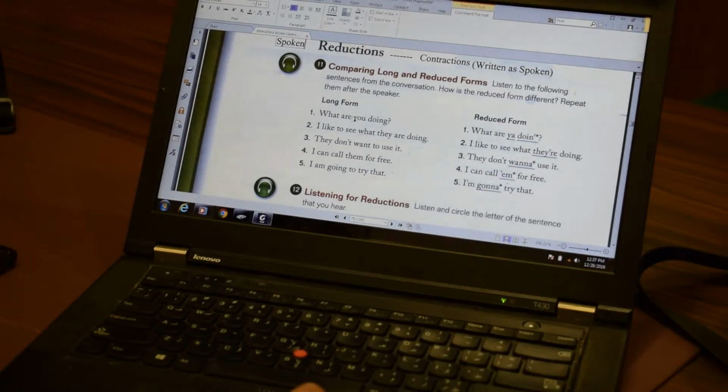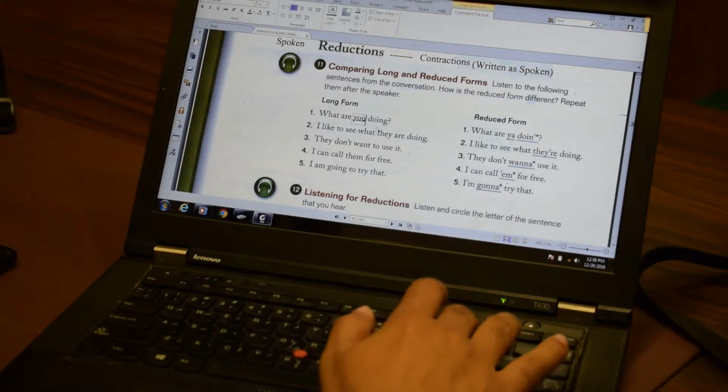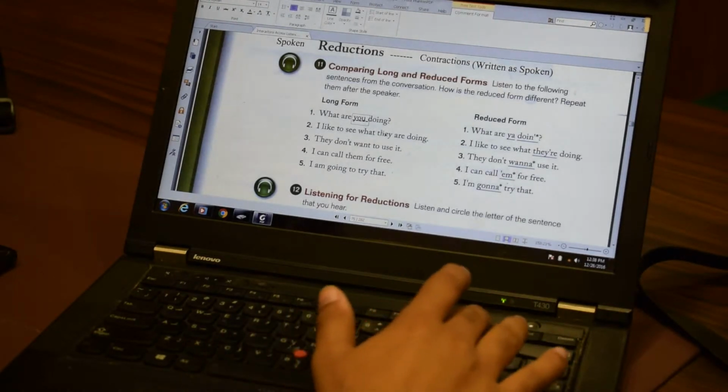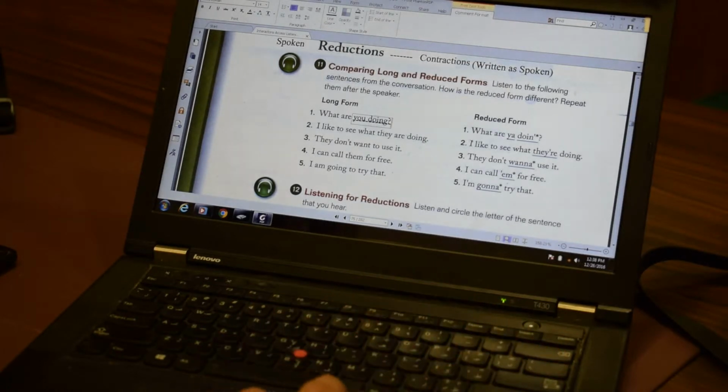So now you see here in this first activity, what are you doing? What happens when you use you? You becomes somewhat ya, and doing becomes doin'. So the G is omitted, and you becomes ya.